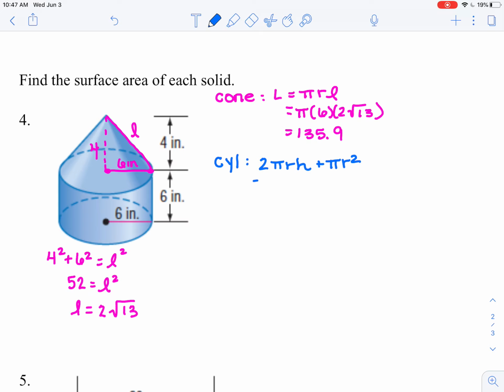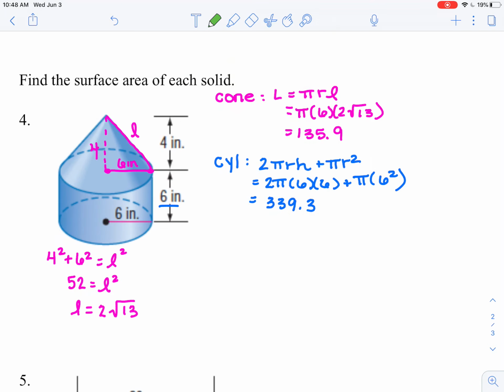Okay, when I plug in our values, we have 2 pi times, our radius is still 6. The cylinder has a height of 6 plus pi times 6 squared. And for the cylinder, we would need to cover 339.3 square inches.